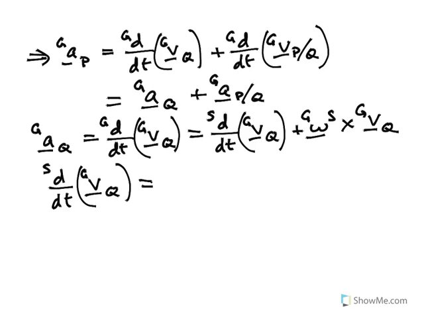And I didn't say omega was constant, so negative L omega dot Ey is that rate of change.